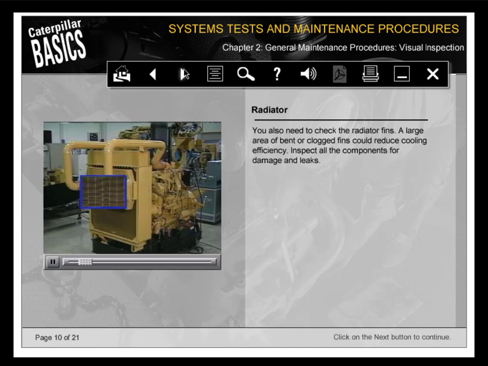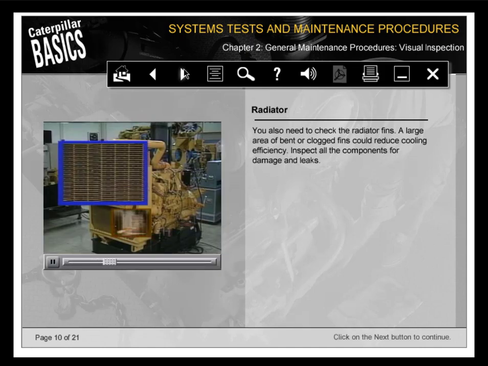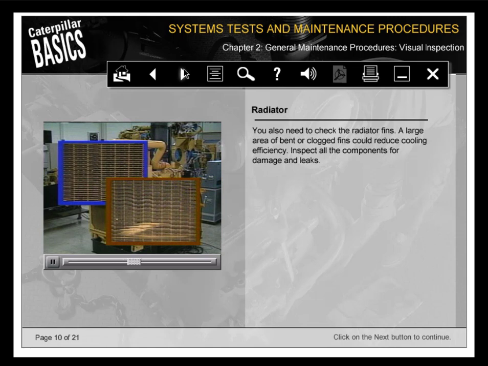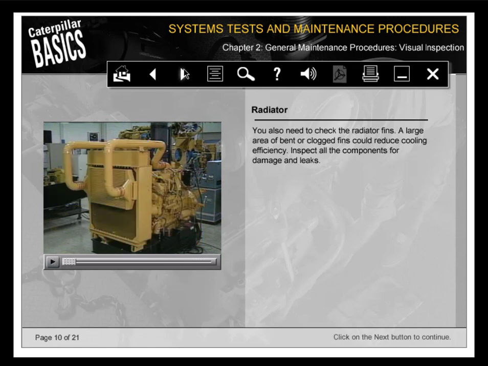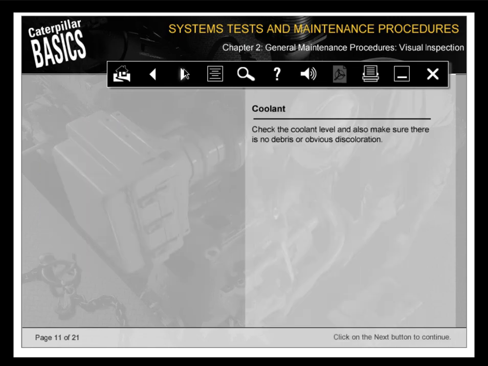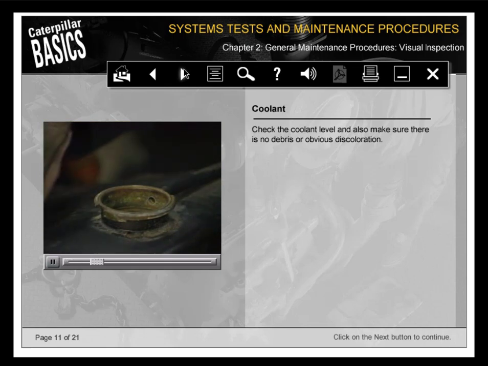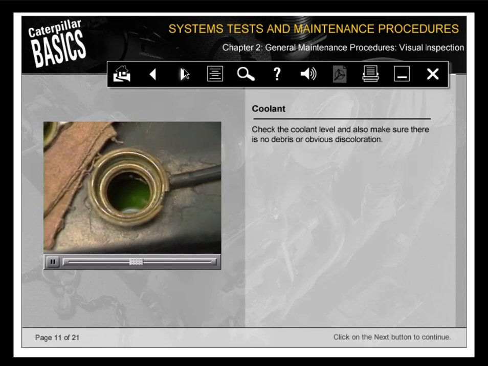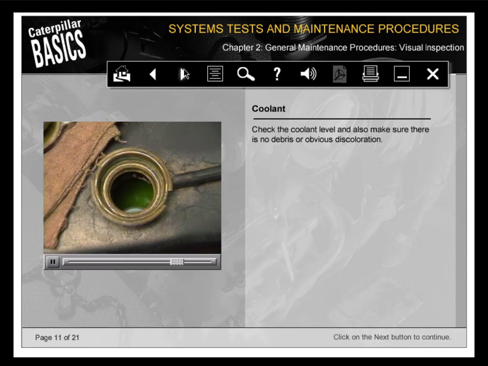You also need to check the radiator fins. A large area of bent or clogged fins could reduce cooling efficiency. Inspect all the components for damage and leaks. Check the coolant level and also make sure there is no debris or obvious discoloration.